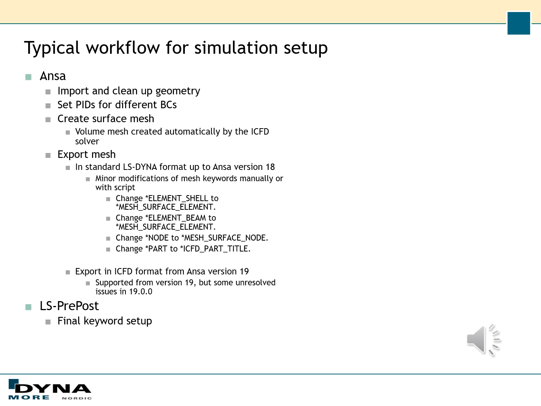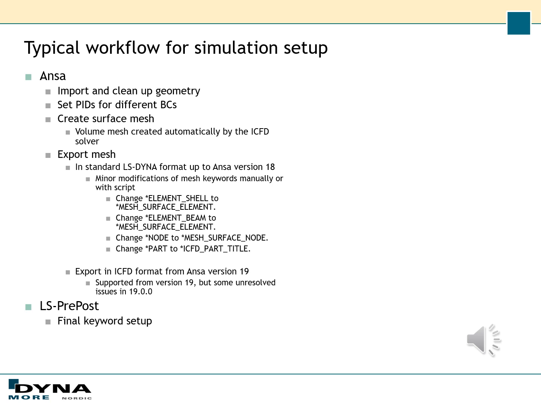The typical workflow for setting up an ICFD simulation with Ansa is to first import and clean up the geometry as you would do for any meshing task. Then you typically set the PIDs for the different boundary conditions that you use, and you create the surface mesh of the structure. The volume mesh will then be created automatically by the ICFD solver.